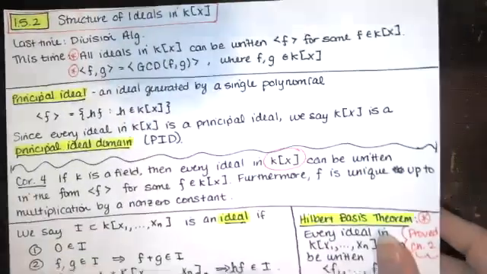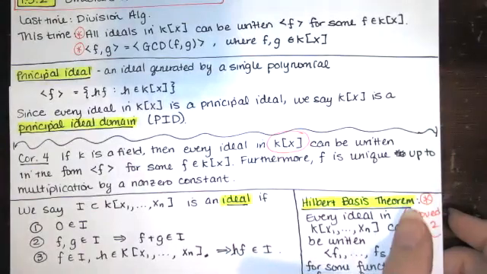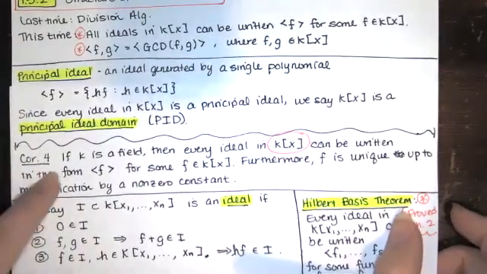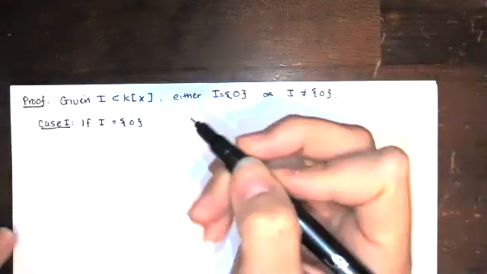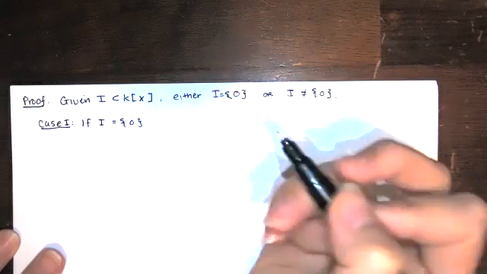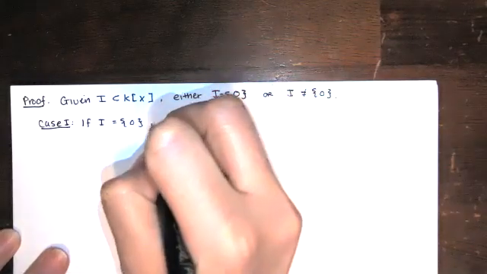Now remember, our corollary says that every ideal can be written in this form. Well, I claim that the ideal containing the 0 polynomial is the ideal generated by the 0 polynomial.